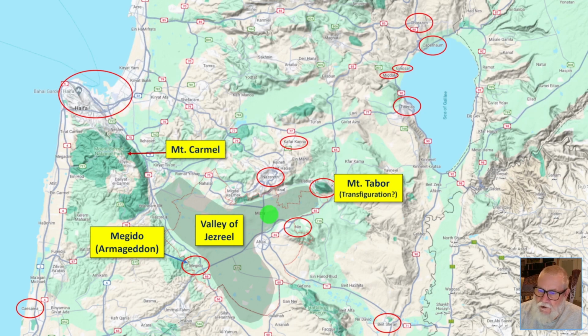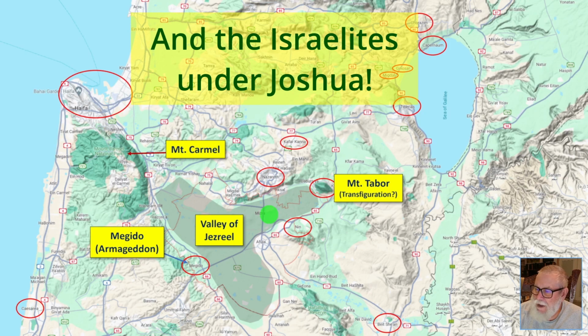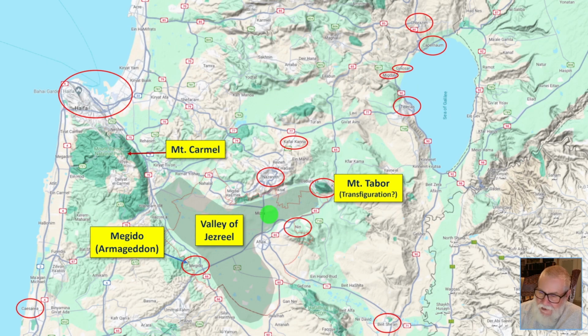The Egyptian pharaohs fought here, the Babylonians fought here, the Persians fought here, Alexander the Great fought here, and the Romans, of course, when they conquered the land, fought here. The European Crusaders fought here and were defeated by the Turks. And believe it or not, even Genghis Khan and even Napoleon fought in this area.